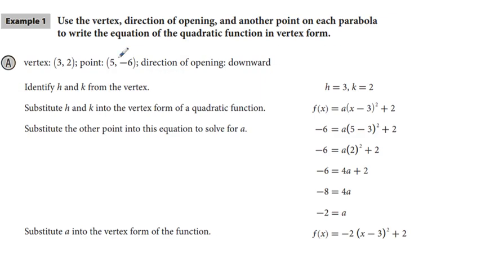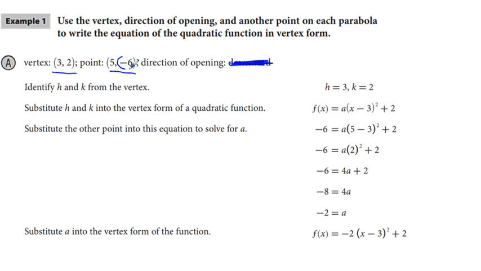And here's Example 1: use vertex, direction of opening, and another point on the parabola to write the equation. So we're given this vertex of (3, 2), and another point, and it says opening downward. Let's say we didn't even know that. Okay, here's the vertex at (3, 2), and then the other point is (5, -6).